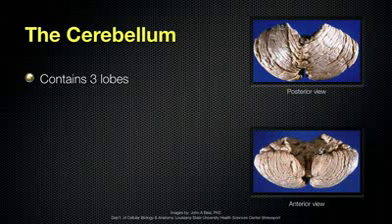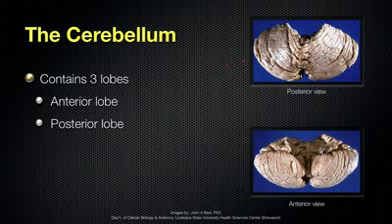Now, what I want to show you is that we have three lobes in the cerebellum. Now, just like the brain has lobes, cerebellum is a little brain. It also has its lobes. And those three lobes are the anterior lobe, which of course would be the one that you're seeing here. So these would be the two anterior lobes. And then if you look from the back, you get the posterior lobes. So you can see this is one posterior lobe, and this is another posterior lobe.